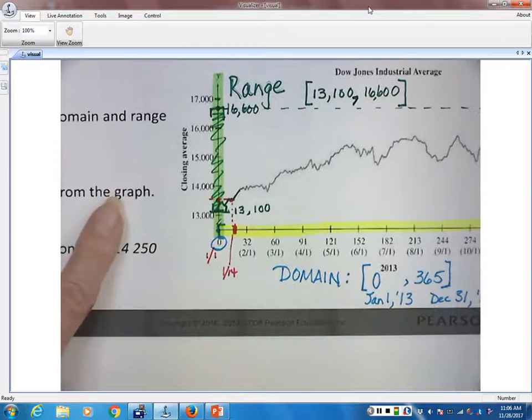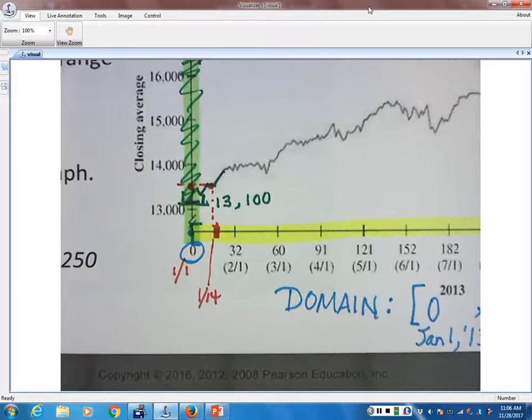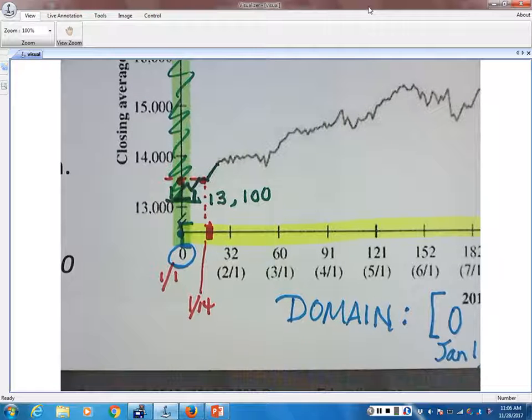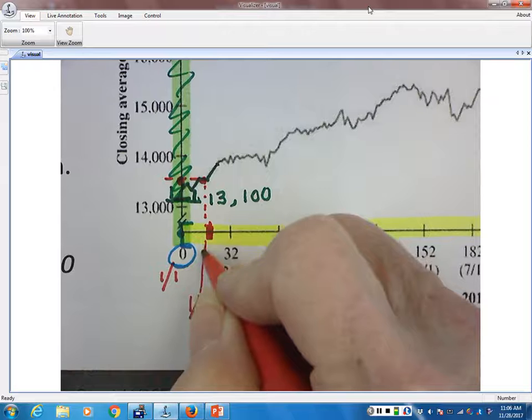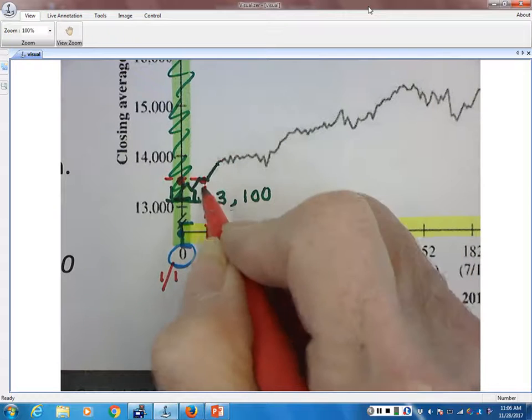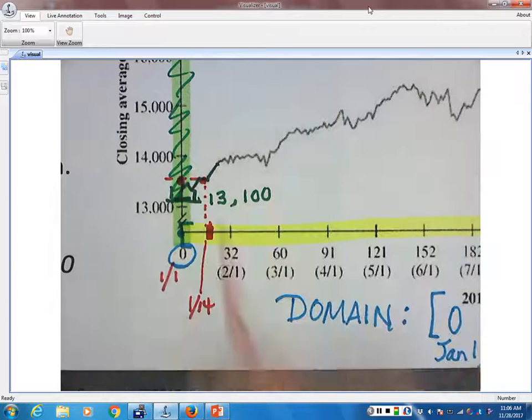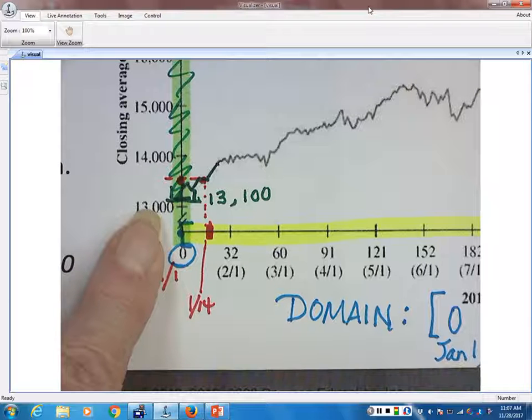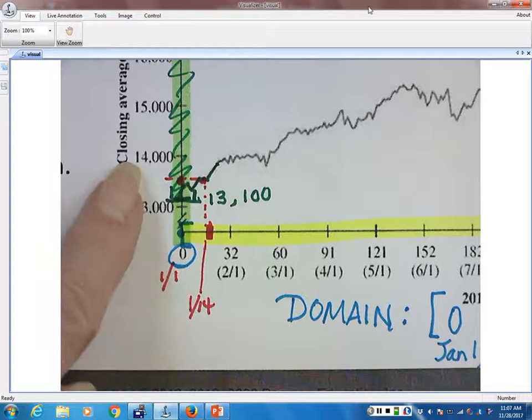So if I zoom in right there so you can see a little better, we see that on January 14th, which is right about here, the graph's Y value is right about there, which looks to me like it's maybe about halfway between 13,000 and 14,000. Does that seem reasonable?